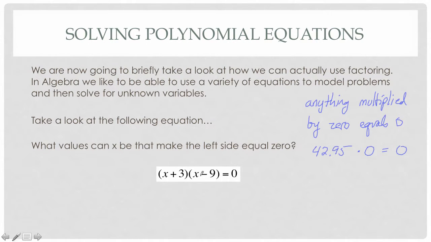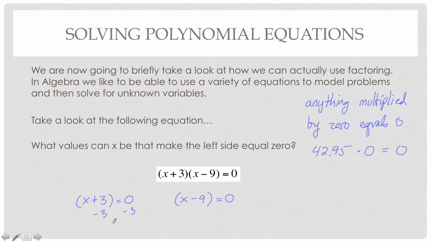I've got two things multiplied, and I know when it equals 0. Things only multiply to equal 0 if one of them is 0. So to solve this, I want to know, when does x plus 3, that first factor, equal 0? And I want to know, when does x minus 9 equal 0? If either of those equals 0, then the whole thing equals 0. Well, some number plus 3 equals 0. That's easy.